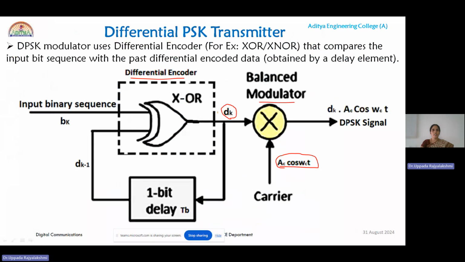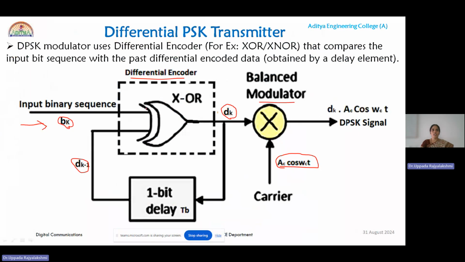Here in the differential encoder, the upcoming data bit, a binary sequence which is bipolar NRZ, is compared with the past differential data bit, represented as d suffix k minus 1. If you assume d suffix k as the current differential encoded bit, it is stored as a delay bit in the feedback section. So for the next upcoming binary data, the past differential encoded data is considered.